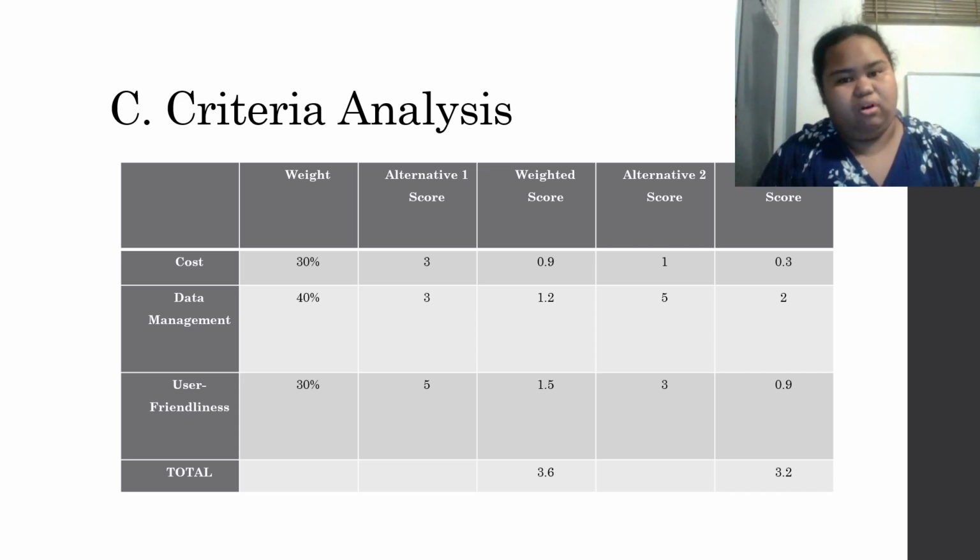The weighted scores are 0.9, 1.2, and 1.5, giving us a total of 3.6. Meanwhile, for alternative 2, the scores are 1, 5, and 3, giving us 0.3 for the weighted score of cost, 2 and 0.9 for the weighted scores of data management and user friendliness, giving us a total of 3.2.